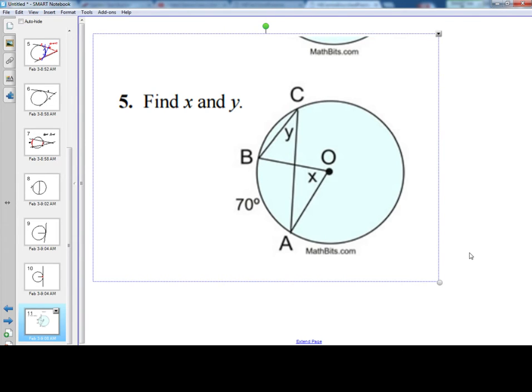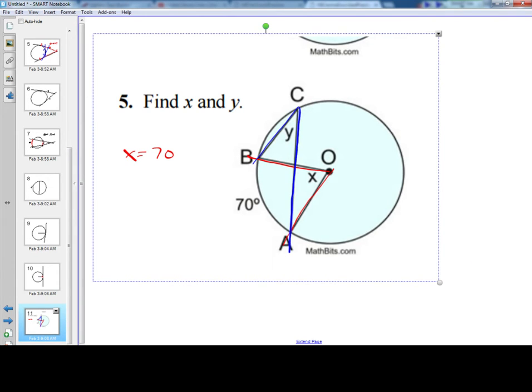No, it doesn't, because Y and X are the same thing. X, my friends, is a central angle. Therefore, X is equal to 70. Well, that was easy. Now, Y. Y is an inscribed angle.